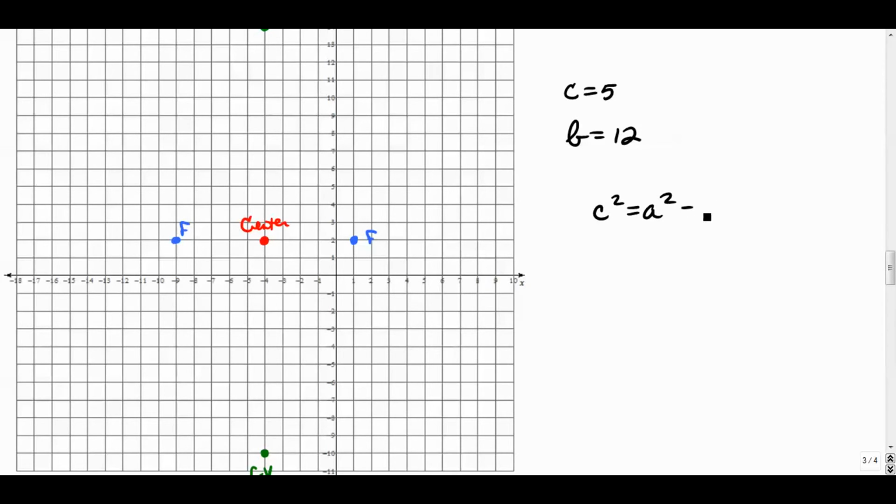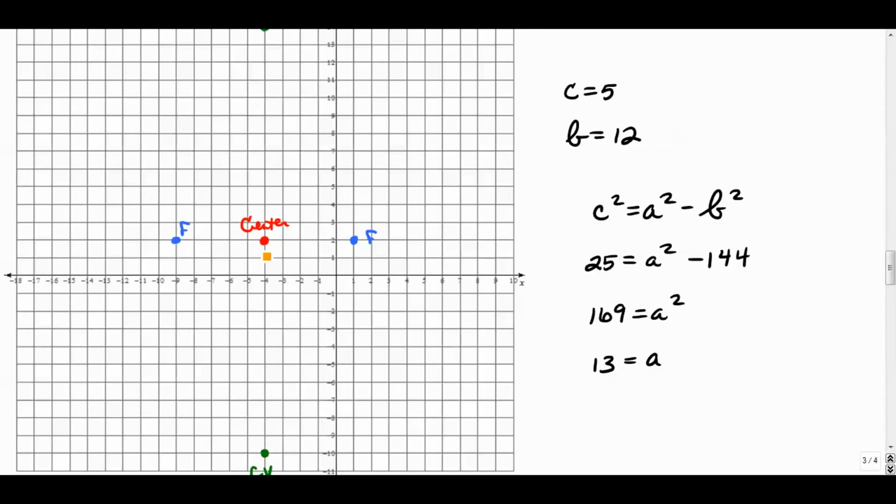So we use our little relationship here. 25 is equal to a squared minus 144. So a is equal to 13. 13 represents half of the major axis.